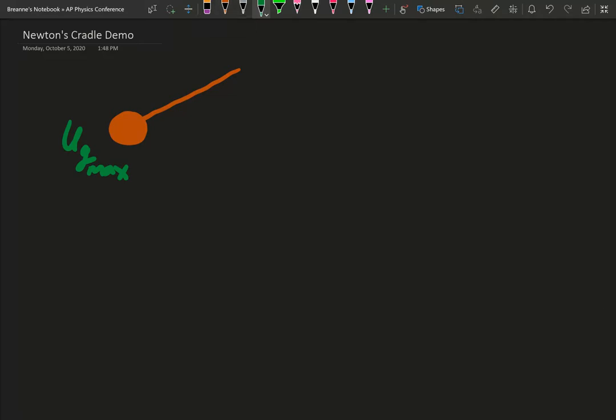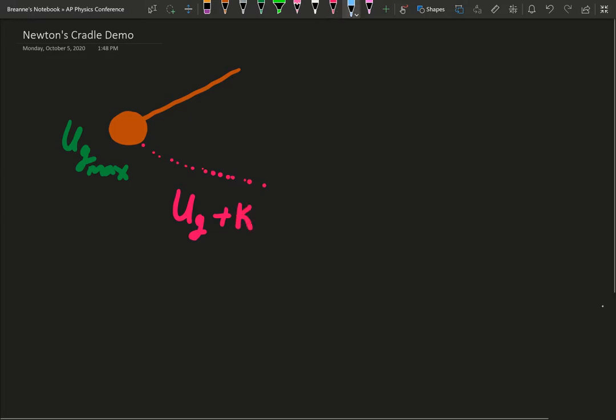Now, as it starts moving down, the gravitational potential energy starts being converted into kinetic. So it has gravitational and kinetic until it gets to the bottom.